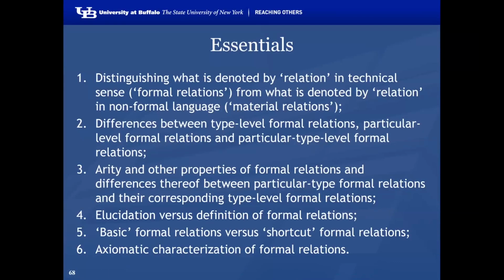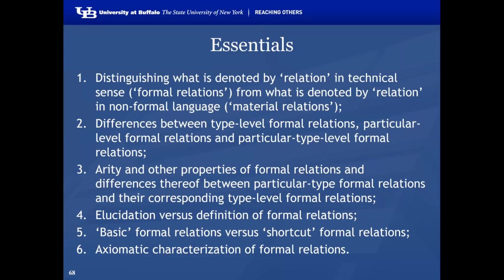So what are essentials in using relations or predicates, like we use in logic? You need to be able to distinguish what is denoted by relation in a technical sense, like formal relation, from what is denoted by relation in non-formal language, like material relations. The differences between type level formal relations, particular level formal relations, and particular type level formal relations.